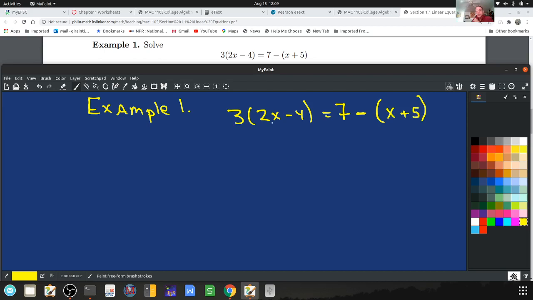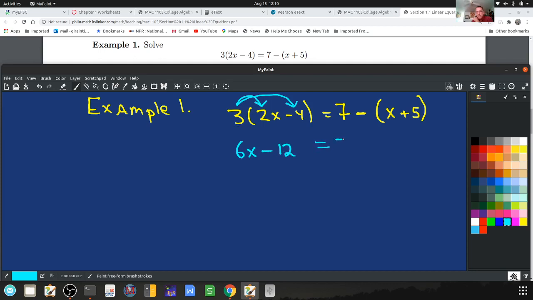What we're going to do is use the distributive property to simplify both sides. So I'm going to multiply 3 times 2x. 3 times 2 is 6 times x. That gives me 6x. Then I'm going to multiply 3 times minus 4. So 3 times minus 4 is minus 12.